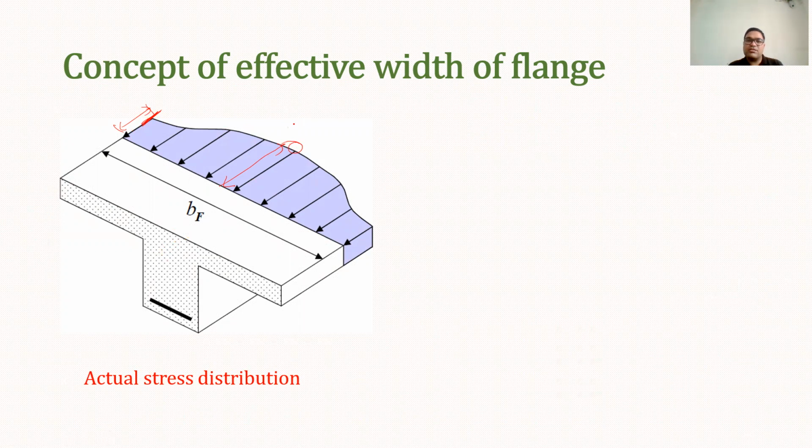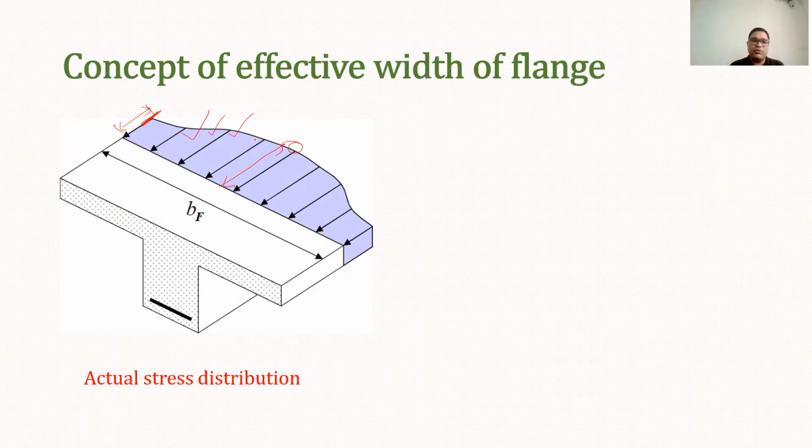Now, while calculating the strength of this T-beam, if we consider this variation of the compressive stress, then our calculation will be very complicated, and it would be very difficult to take all this stress into account. So this is the actual stress distribution, but in our calculation, we try to transform this variation into a regular form to get the effective width of flange.